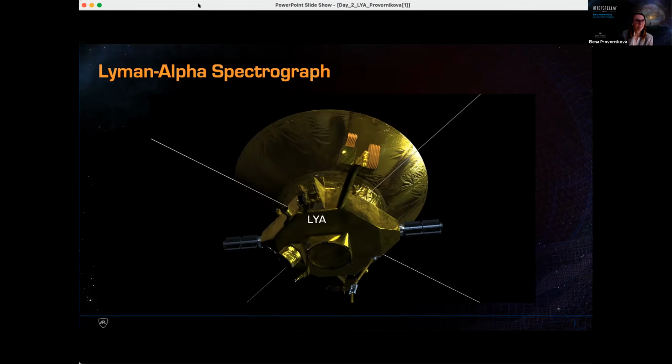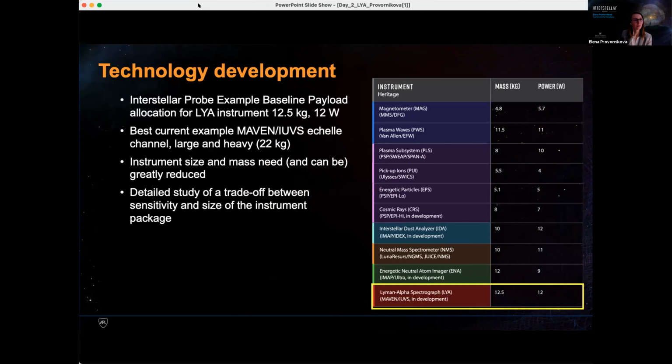And next, please. And so here's the technology development. The Interstellar Probe example baseline payload allocation gives us 12.5 kilograms and 12 watts. The best current example for a Lyman alpha spectrograph is MAVEN IUVS, which is pretty large and heavy, but the instrument size and mass can be greatly reduced.